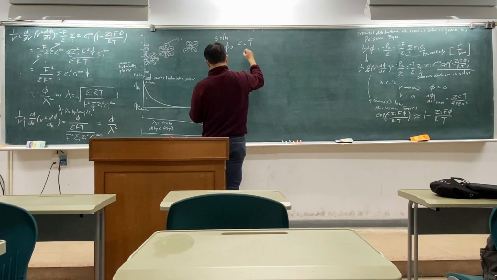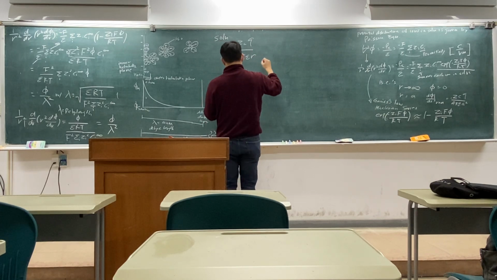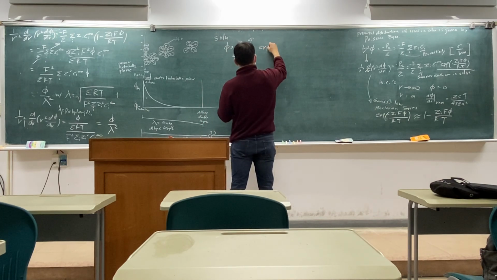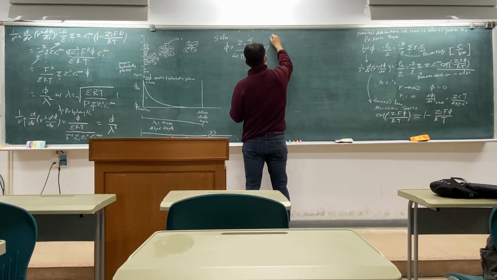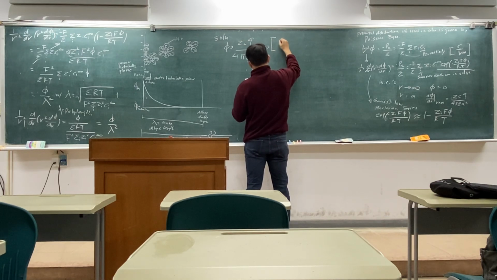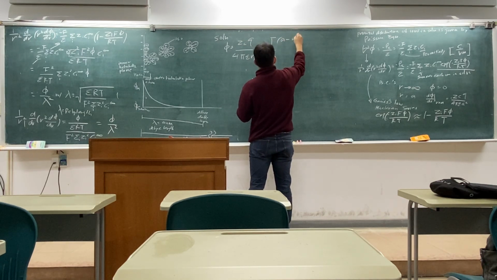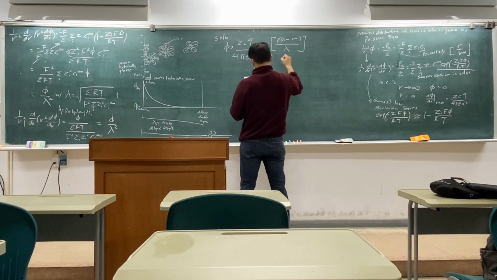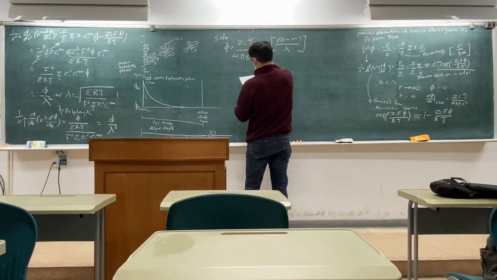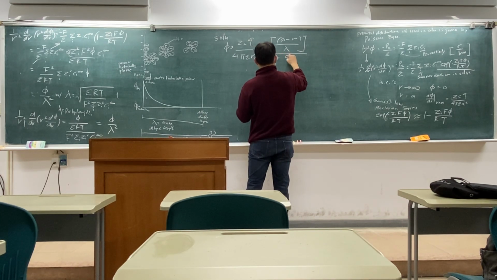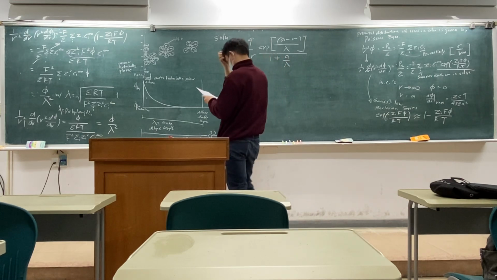So the solution is V is equal to ZCQ over 4 pi epsilon r times exponent A minus r over lambda over 1 plus A over lambda.